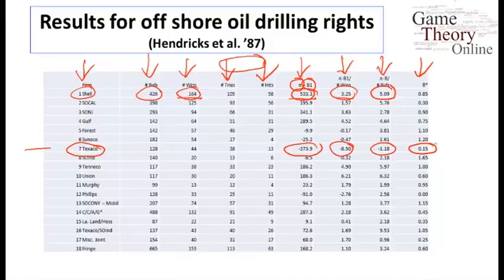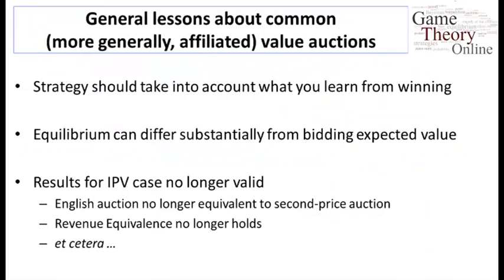So obviously, the lower the number, the bigger your winner's curse has been. And we see that in some cases, such as Texaco's, the curse is in fact quite negative. So the general lesson about common value auctions, and in general when the values are affiliated, even if not perfectly identical, is that the strategy should consider what I will learn once I've won, and factor that into your bidding.